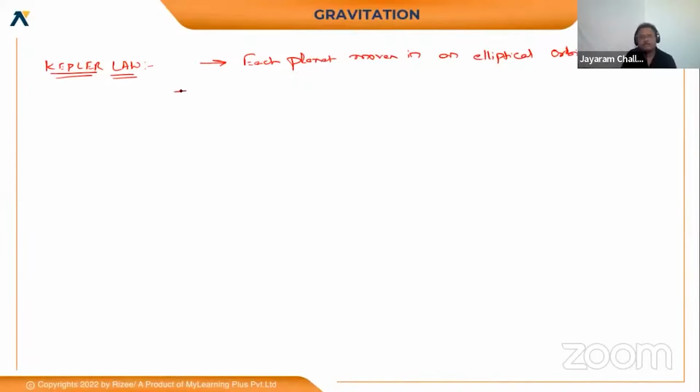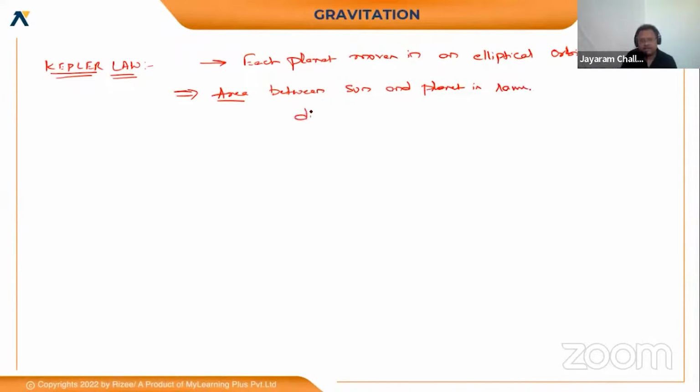The second one is the most important one: the area swept remains constant. In the sense, the area swept out between the sun and the planet is the same.